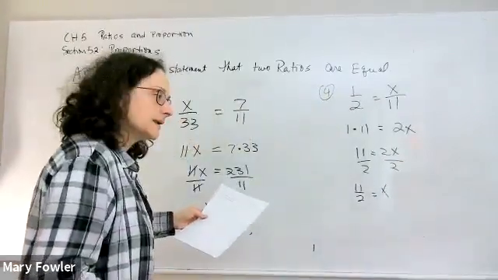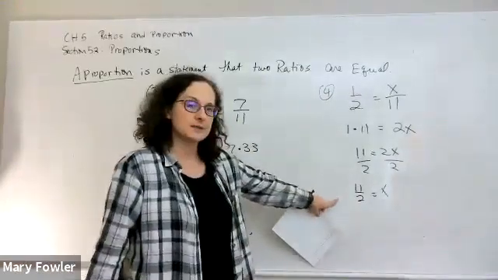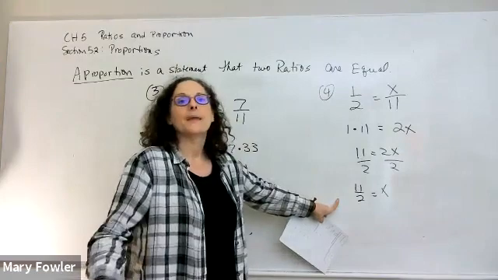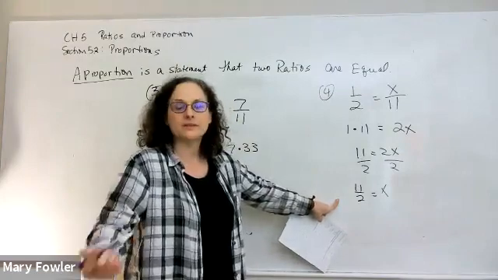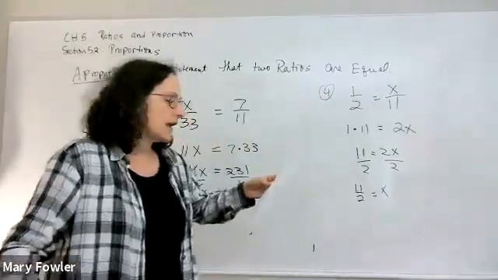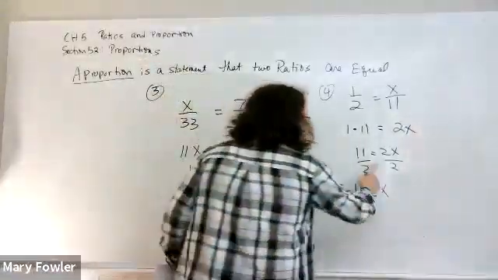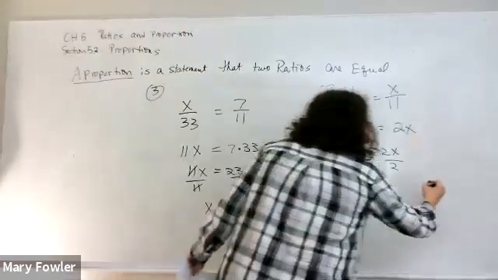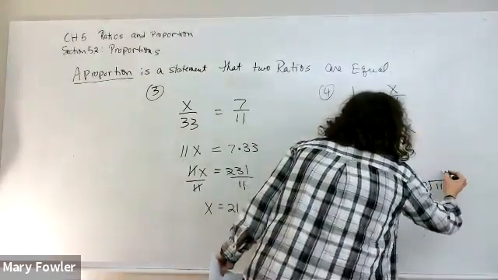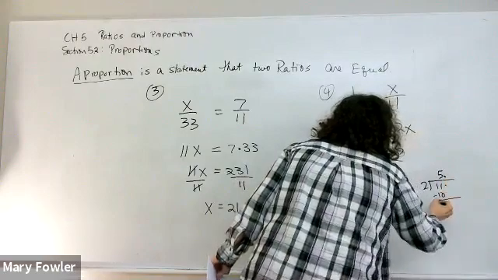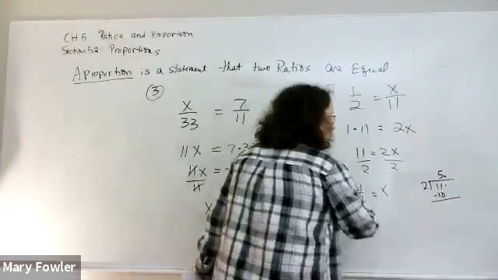And I don't see that as an option. So maybe if I express this as a mixed number, I might recognize my answer. We could also use a decimal, but since the multiple choice options have whole numbers, mixed numbers, and fractions, we'll go ahead and simplify this. Dividing 2 into 5.